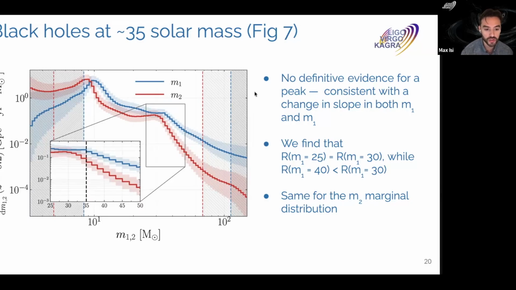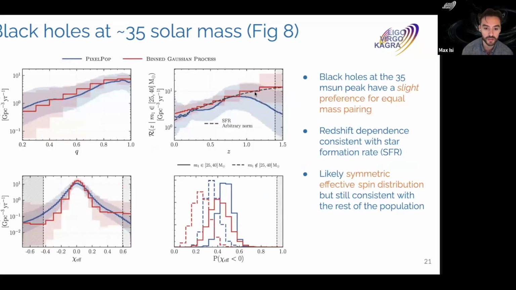We can also ask whether systems in this range have any other characteristic properties. So in the next slide, we go through a similar exercise as I've walked you through for the 10 solar mass peak. We can ask, do these binaries in the 35 solar mass range have any specific mass ratio, redshift, or chi-effective evolution?